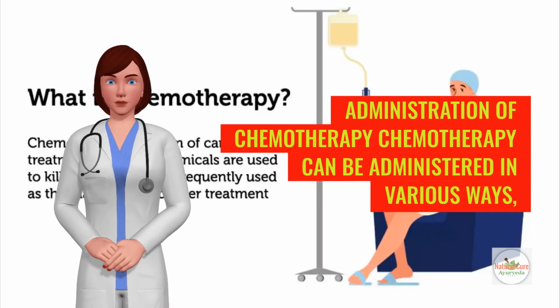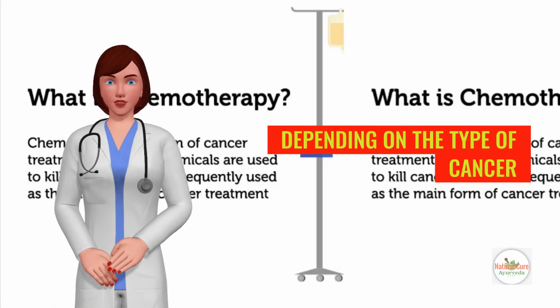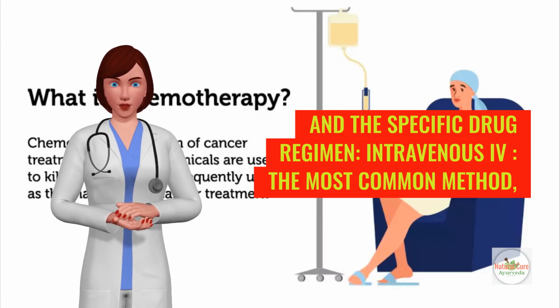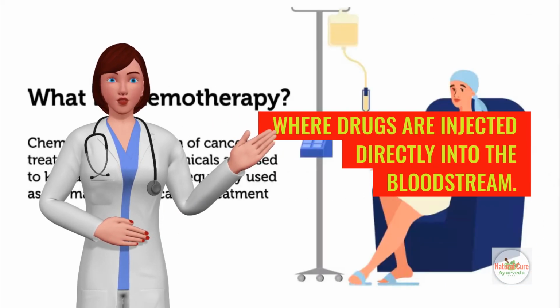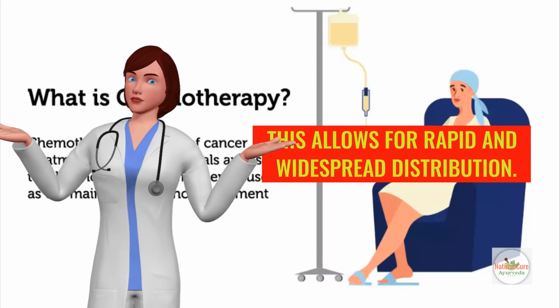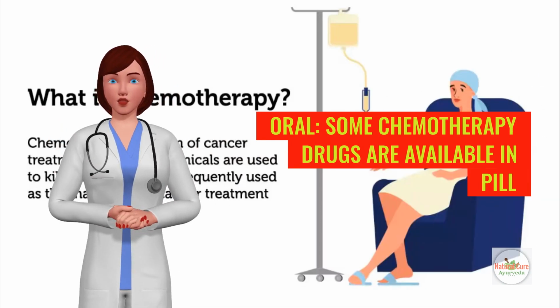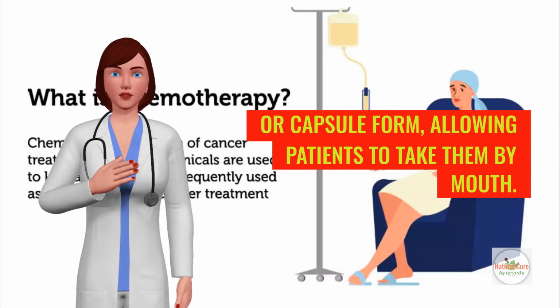Administration of chemotherapy. Chemotherapy can be administered in various ways, depending on the type of cancer and the specific drug regimen. Intravenous, the most common method, where drugs are injected directly into the bloodstream. This allows for rapid and widespread distribution. Oral. Some chemotherapy drugs are available in pill or capsule form, allowing patients to take them by mouth.